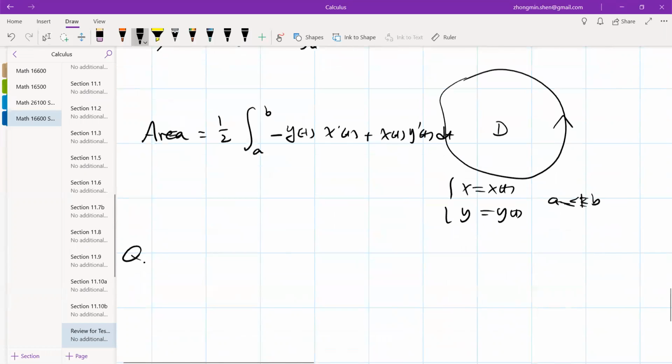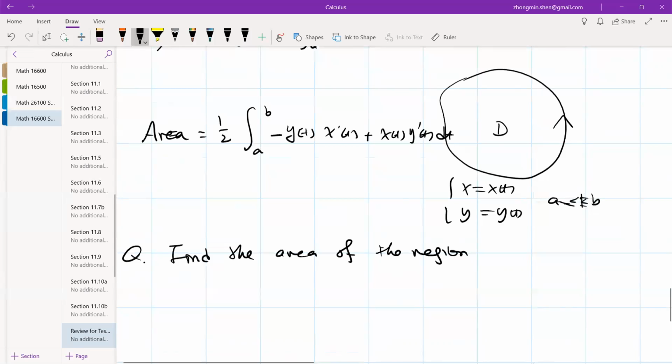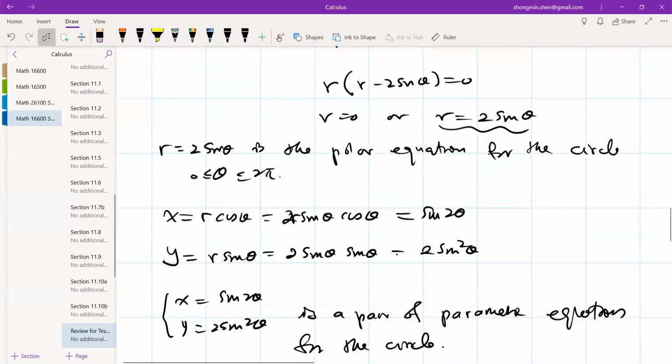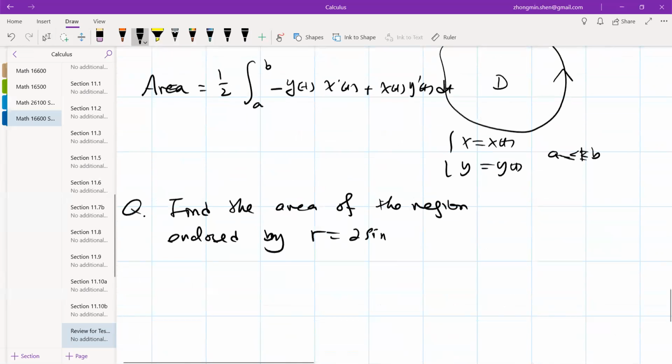Find the area of the region enclosed by the curve r equals 2 sine theta. All right, so this is a finding-area problem.